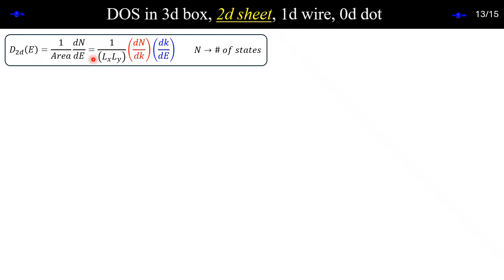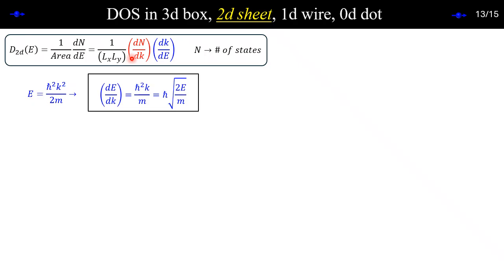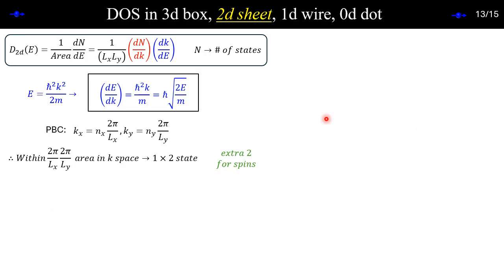Meaning, we define N as the number of states within the pi k square area. So the area pi k square divided by the smallest area, this is what we have.